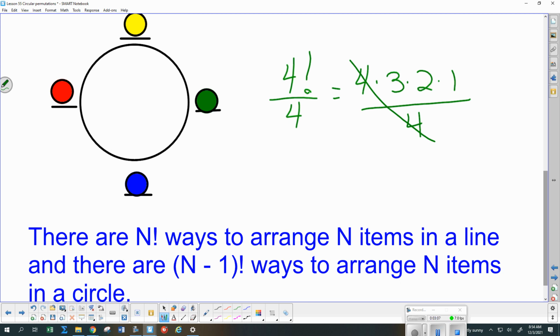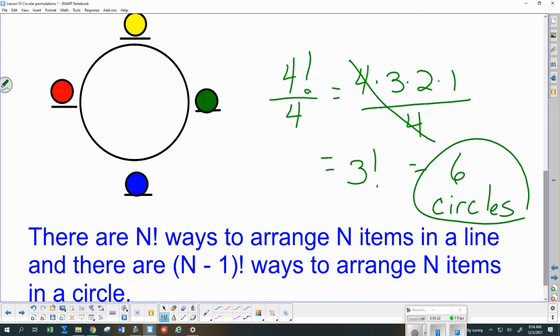Since I had 4 people, the 4 cancels out my biggest number there, and I am left with 3 times 2 times 1, or 3 factorial, or 6 different circles that we could form from those 4 students being seated in the 4 chairs in that circle. So n factorial, if we're talking about how many ways to put them in a line, or n factorial if we're just talking about how many ways to fill those chairs. But if we're talking about how many different circles we get, we need to reduce the factorial by 1.